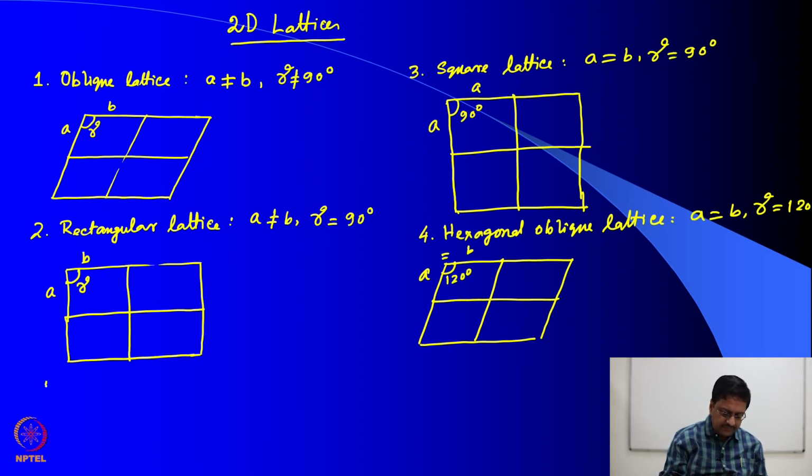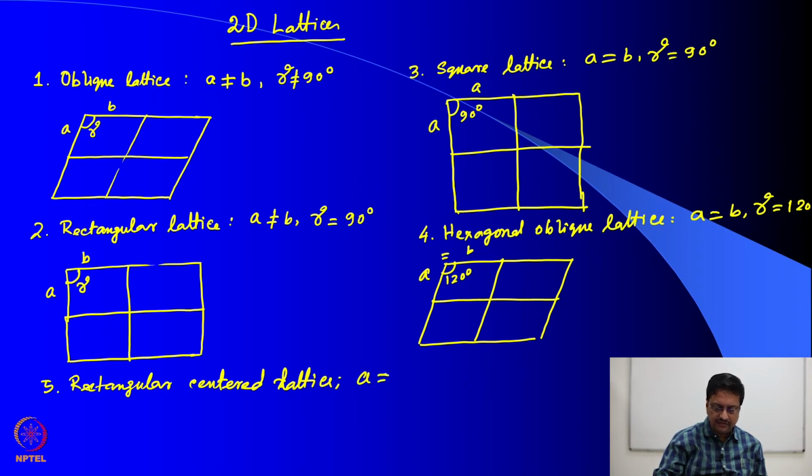And the fifth type of lattice is a rectangular centered lattice, where A is not equal to B, gamma is equal to 90 degrees, but the lattice is now centered.